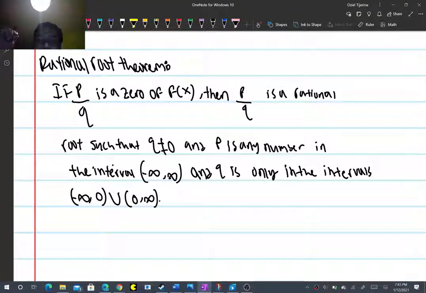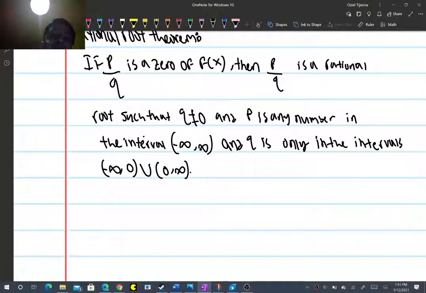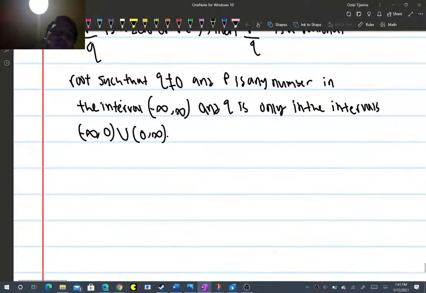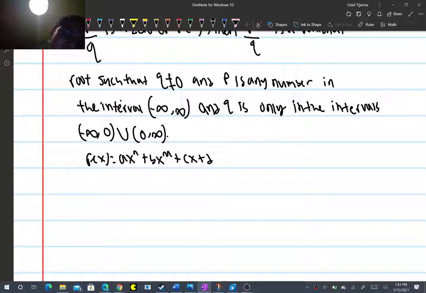So what that means is, let's say that we have f of x equals ax to the n plus bx to the m plus cx plus d, and so on, such that n is greater than or equal to 0.